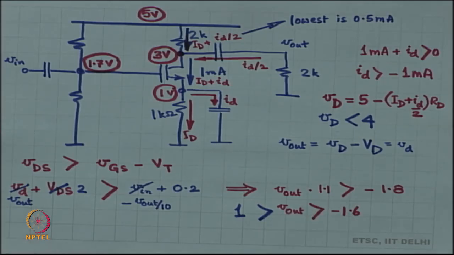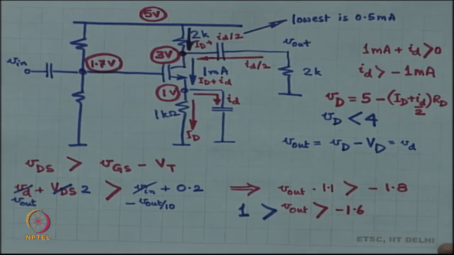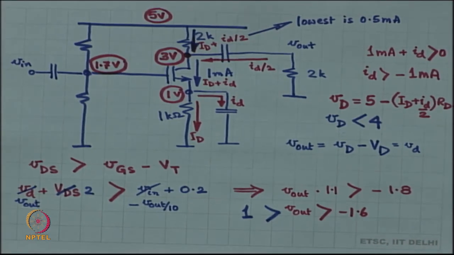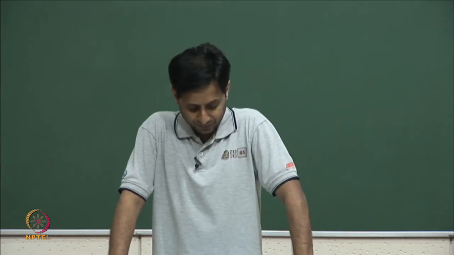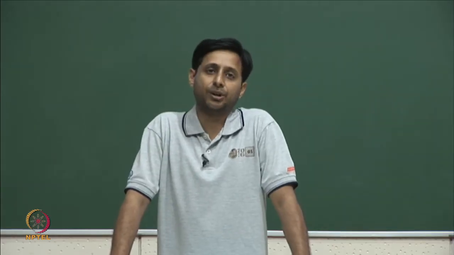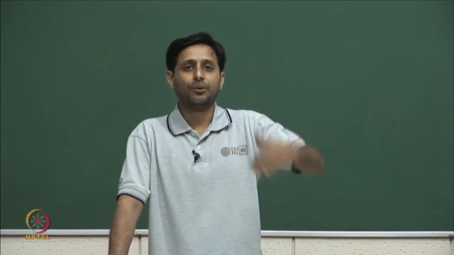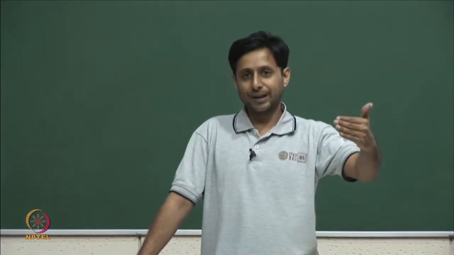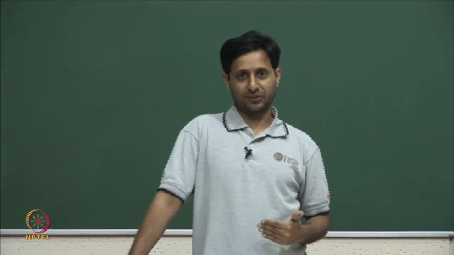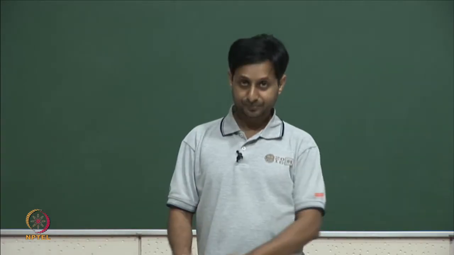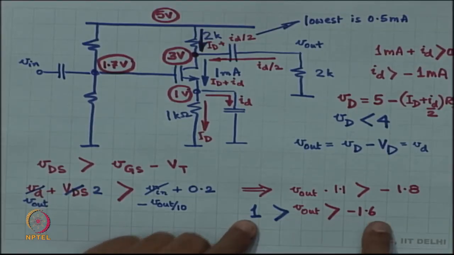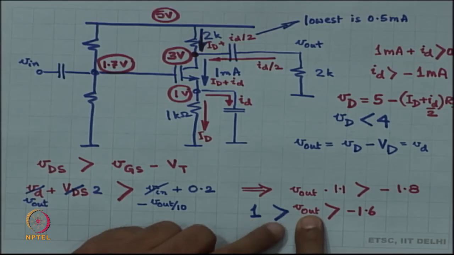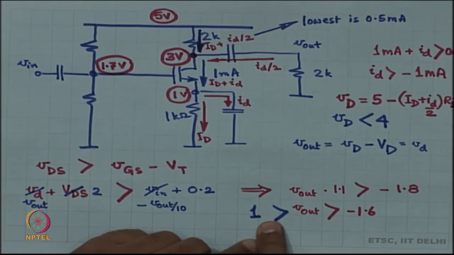All right, is this kind of understood what is going on over here? All the circuits that we have studied before, you will have this kind of a pattern. The pattern is that the circuit is limited on two ends. One is what is the largest value of the output, the other is what is the smallest value of the output, right. You are looking at this inequality. The largest value of the output is 1 volt, the smallest value of the output is minus 1.6.